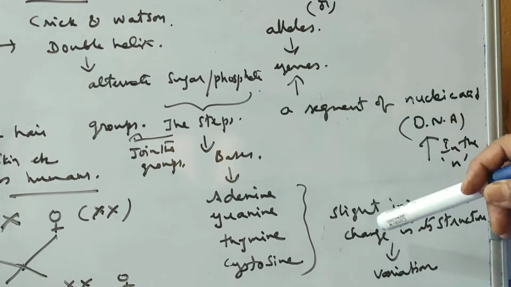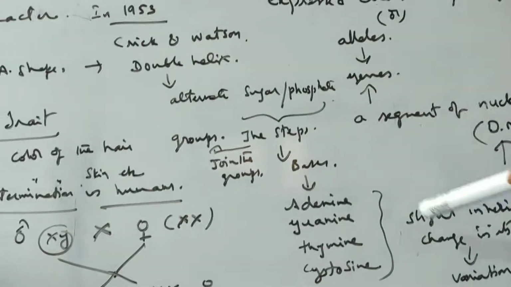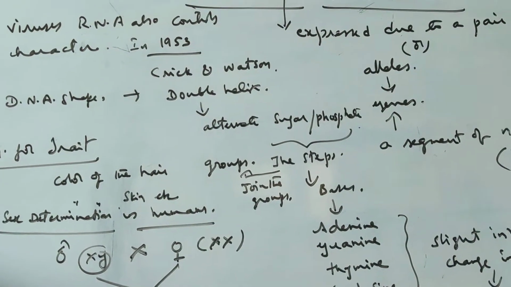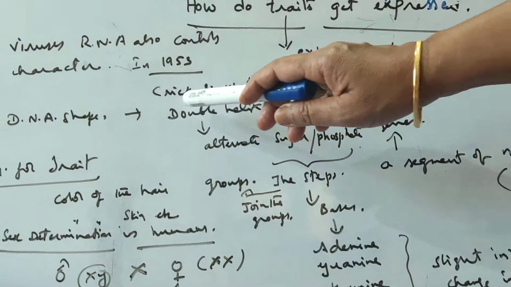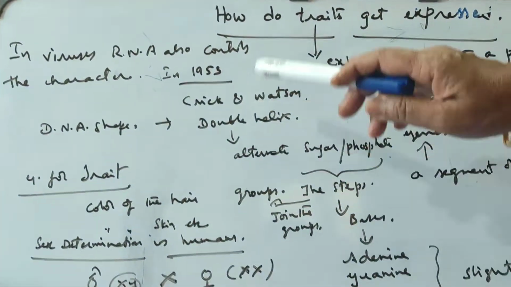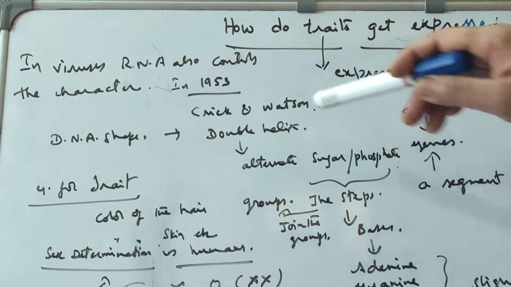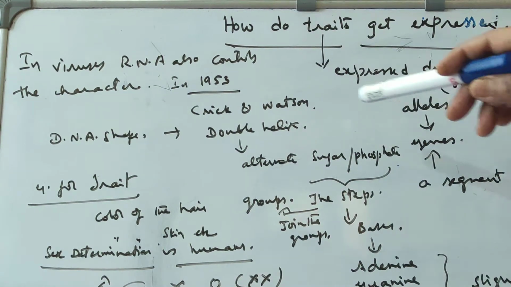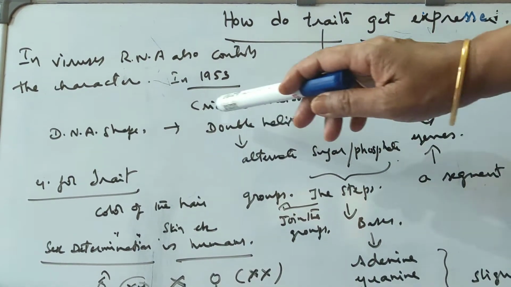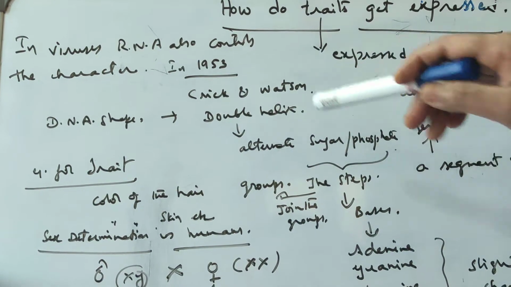Before going to that, what are the things that carry these heritable characters? Actually here, the DNA shape was described for the first time by Crick and Watson, for which they got the Nobel Prize, and they revealed that it is a double helix model.